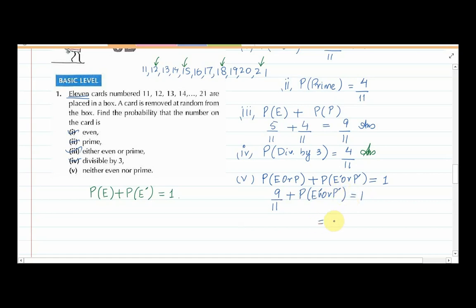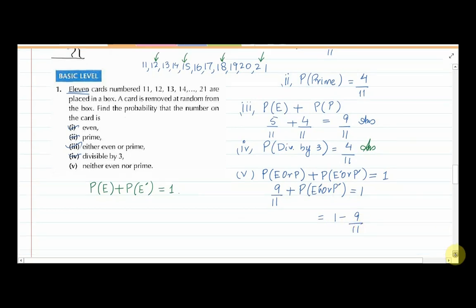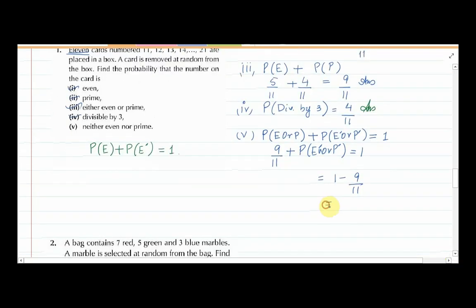So it will be 1 minus 9 divided by 11, right? If you solve it, the LCM is 11, so 11 minus 9 divided by 11, and the final answer is 2 divided by 11.